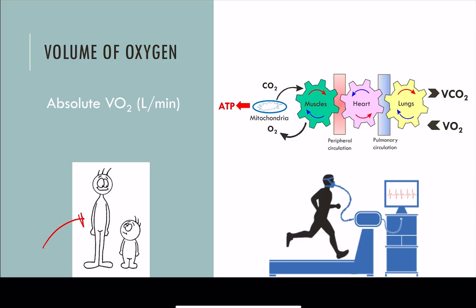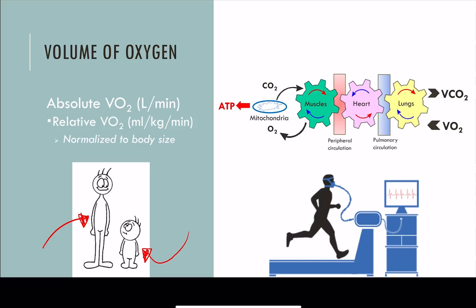The absolute VO2 of the guy on the left is going to be greater than the absolute VO2 of the guy on the right, simply because he has a greater volume in his body to take up that air. But if we want to be able to compare the fitness between these two, we want to make that measurement relative to their body size.